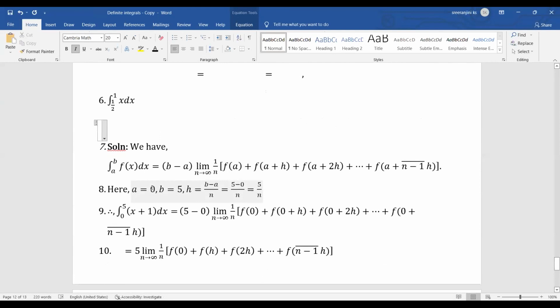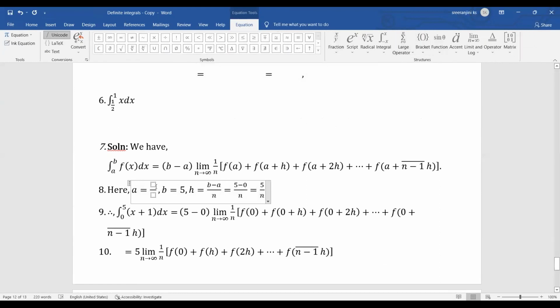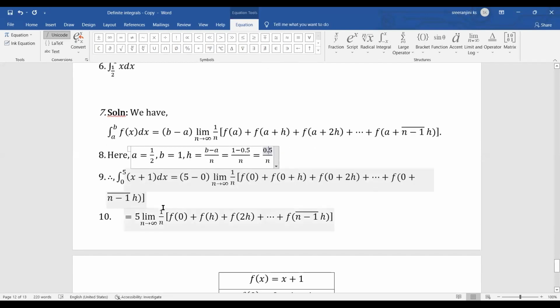So A equal to 1/2. B equal to 1. And h will be 1 minus 1/2. I'm just writing that as 0.5, or 1/2.